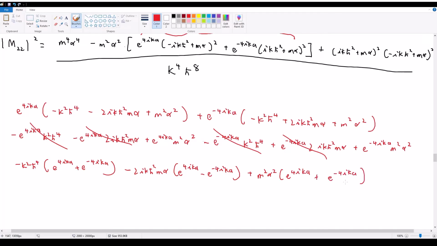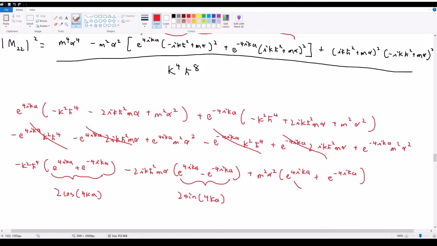So then, using our trigonometric conversion to complex exponentials, we recognize that this term right here is just equal to 2 times cosine of 4ka. Similarly, this term is equal to 2 times sine of 4ka.